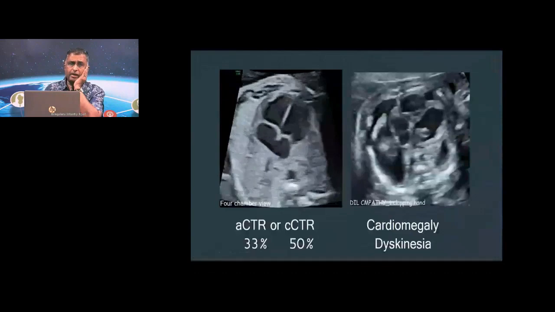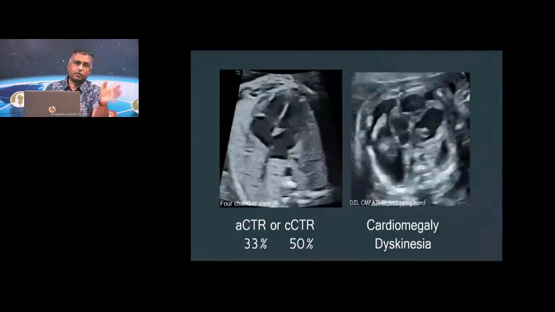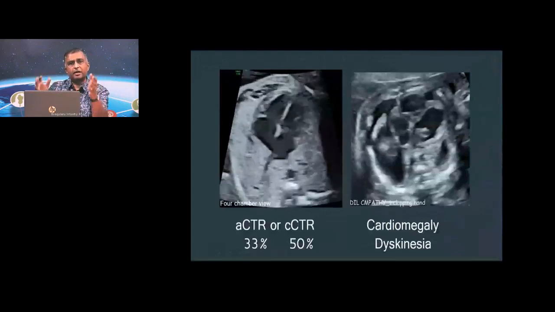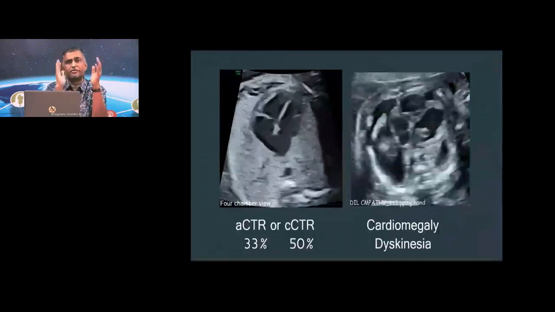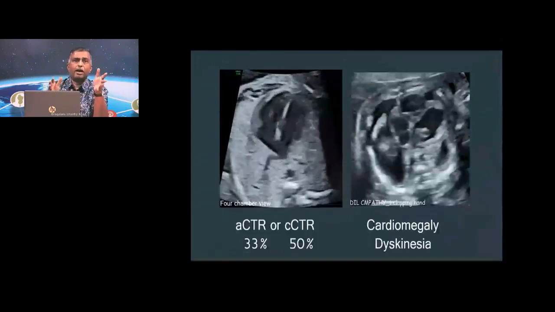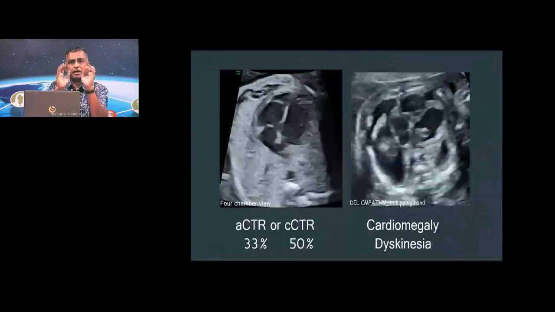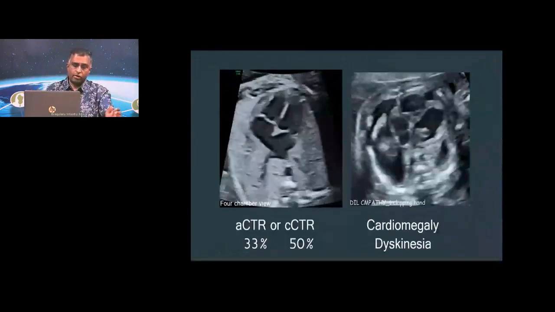Now, you can do this subjectively, and that is what we do in our daily practices. We don't go around measuring the area cardiothoracic ratio or circumference cardiothoracic ratio in every case that we see. You eyeball, and if your eyeballing tells you that the cardiac size is normal, you don't go around measuring.